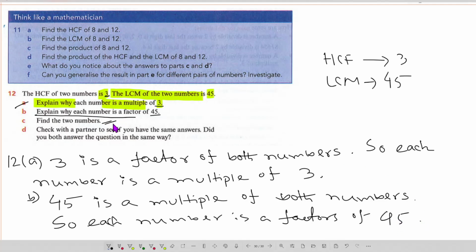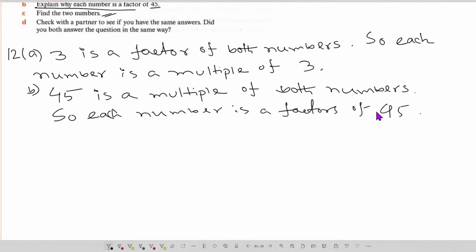Find the two numbers. Here it is mentioned that the HCF of two numbers is 3 and the LCM of two numbers is 45. So the product of the numbers equals HCF times LCM. HCF is 3, LCM is 45.